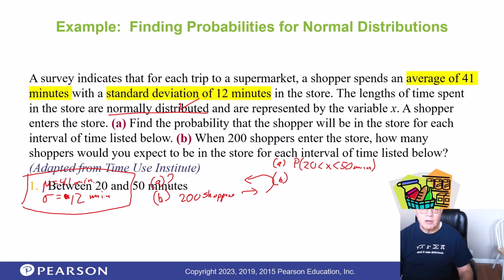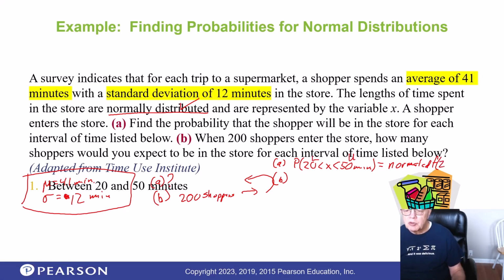Oh, let's figure this out. So, first of all, between 20 and 50. Well, you know we're going to use normal CDF, second vars, distribution. And we want between 20 and 50, those are the lower and the upper bounds.